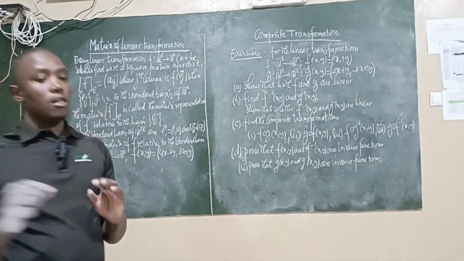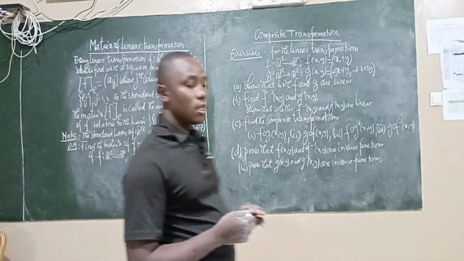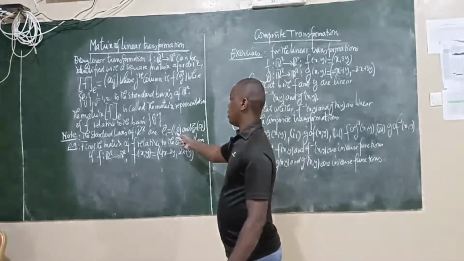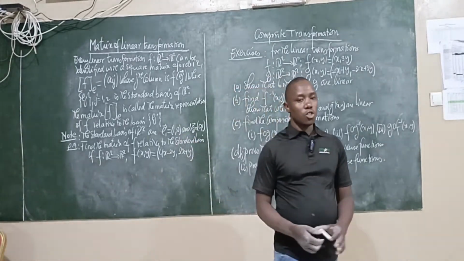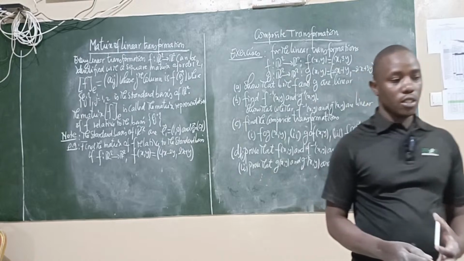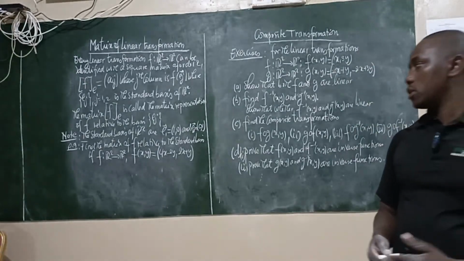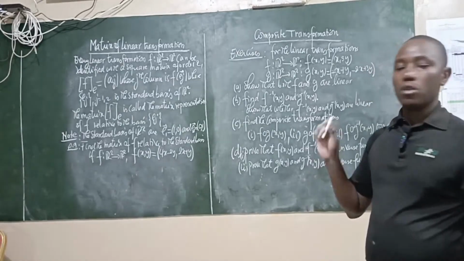Okay, as I told you, the standard basis of R2 are these. They are also called the canonical basis of R2. Hope that you have no problem with that.